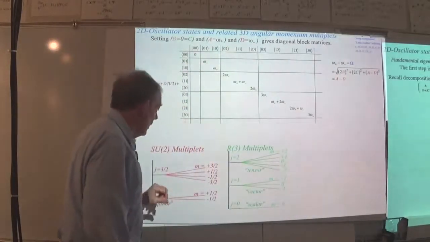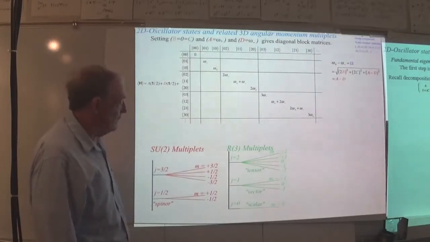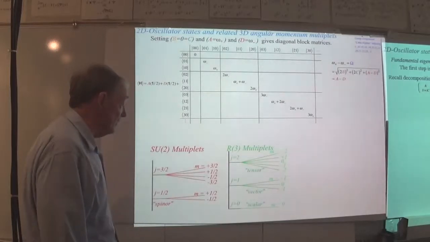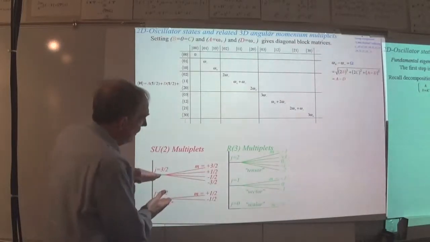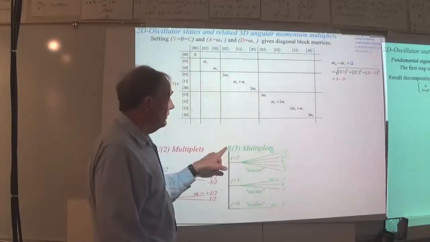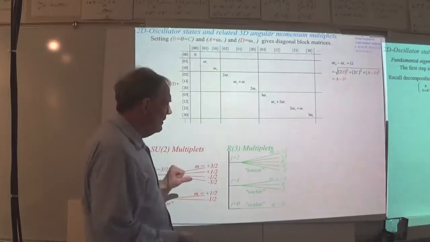But it's 4 states: 3 halves, 1 half, minus a half, and minus 3 halves. But of course the doublet, you know that is spin a half and minus a half, right? But they fit right in between the guys that you're going to see if you do R3. If you do R3, you don't play with these necessarily.